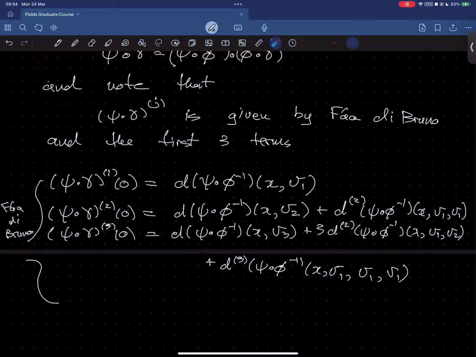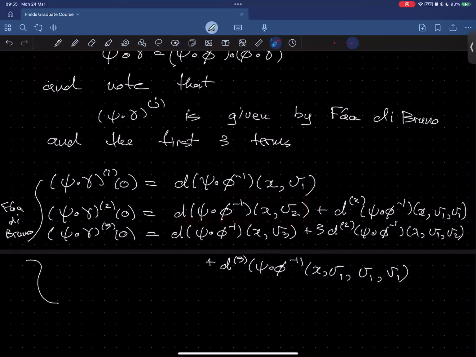For the j equals 2 case, it's a sum of two things. For this one, we already know that the dependence on x and v1 is smooth; we already have that from j equals 1. So really all we need to do is look at the dependence of this term.